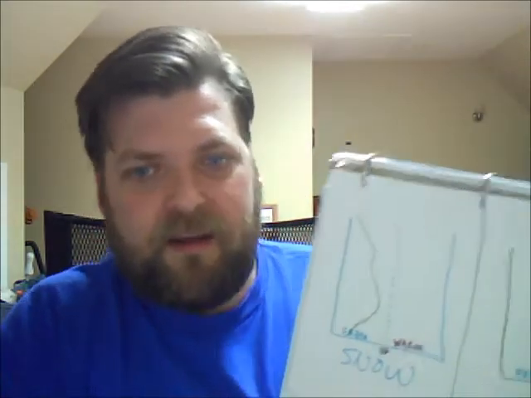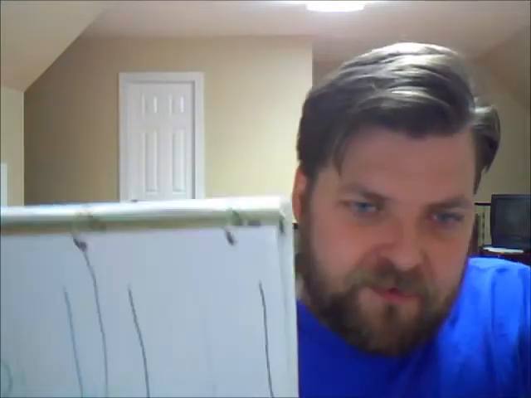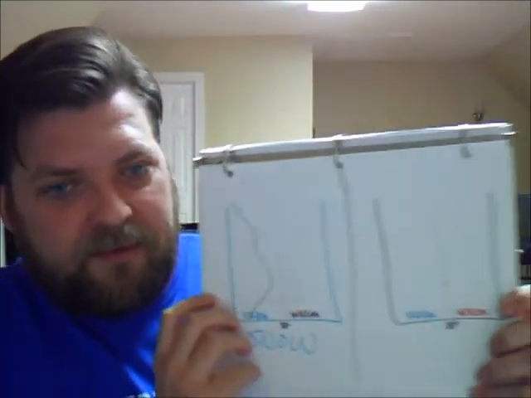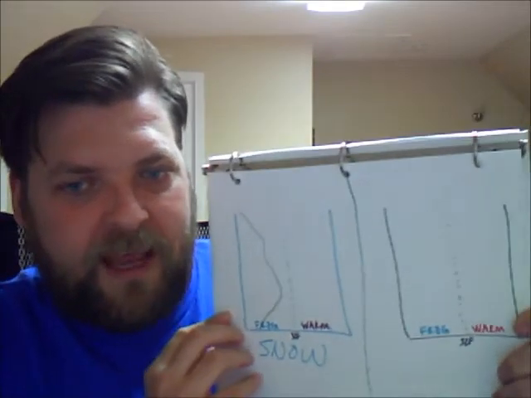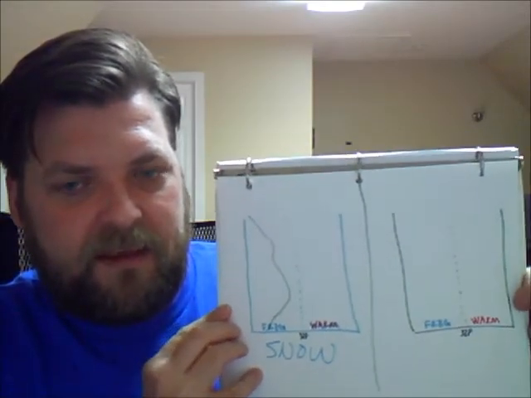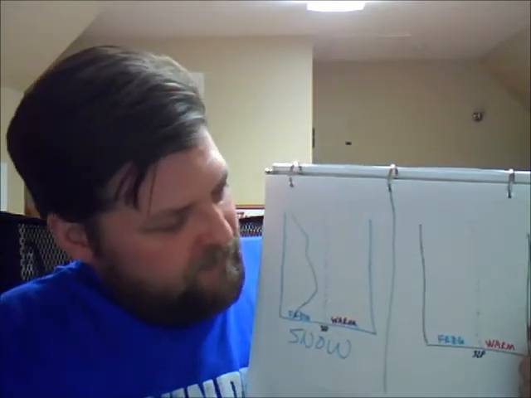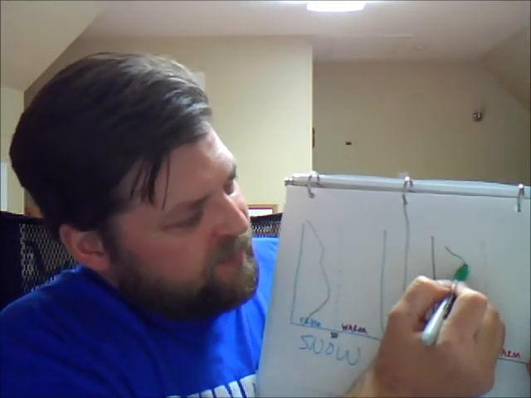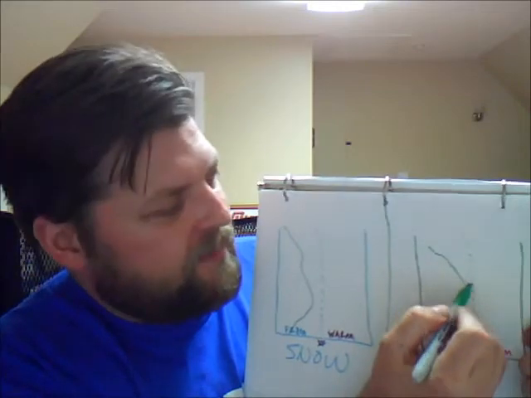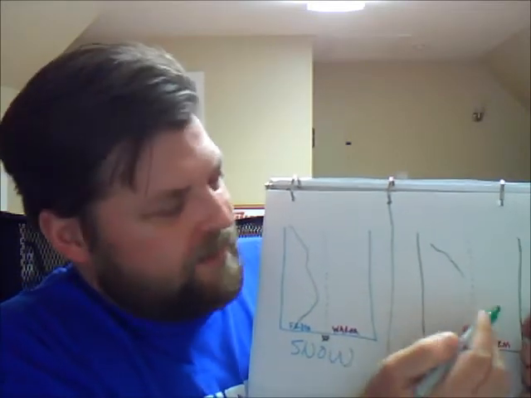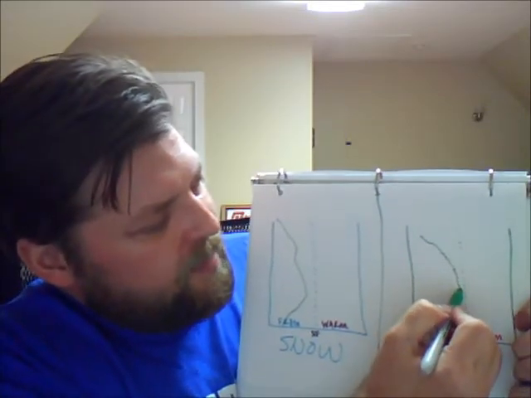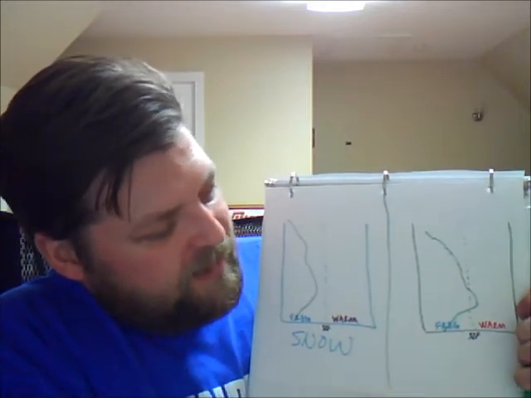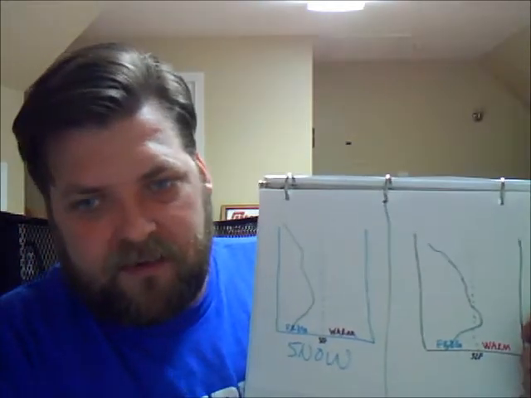All right, another scenario. What happens if the atmosphere, where all precipitation in the winter is generally going to start out as snow on the left side of this dotted line, has a little warm nose and then a relatively deep, cold freezing layer at the surface?